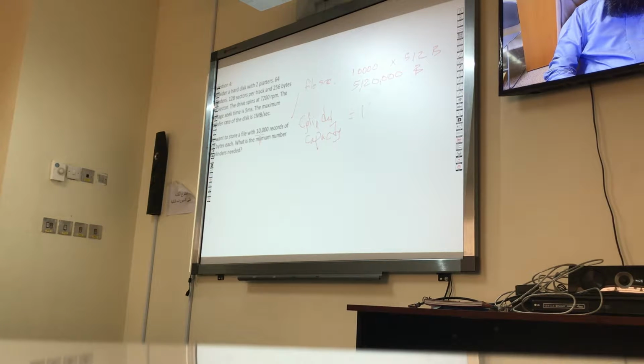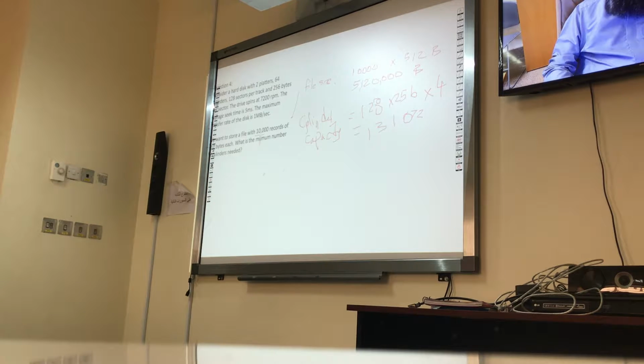So track capacity is 128 multiplied by 256 because it's 128 sectors and each sector can hold 256 bytes. So that's track capacity multiplied by the number of surfaces, which is 4. And so this comes out to be 131,072. Okay, so that's cylinder capacity.